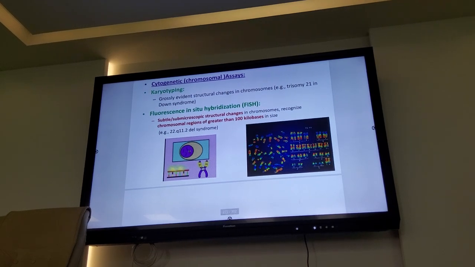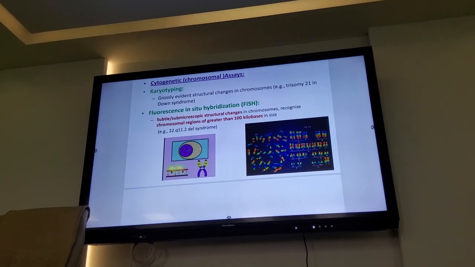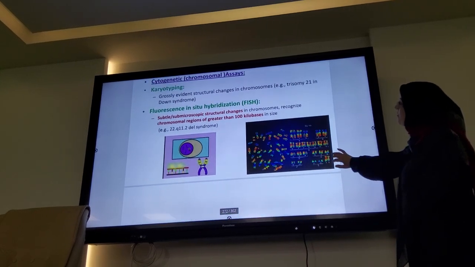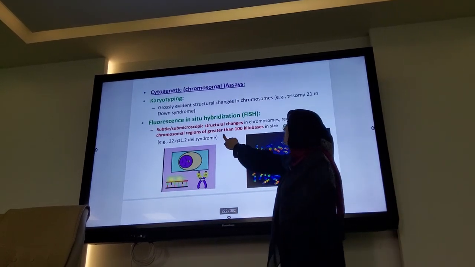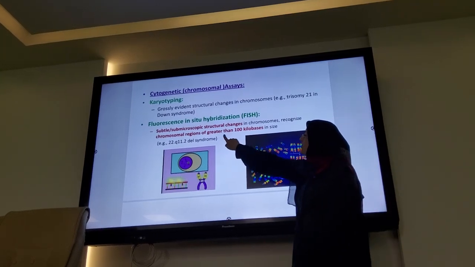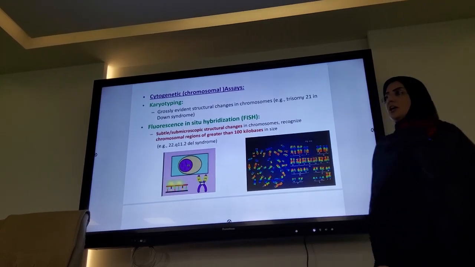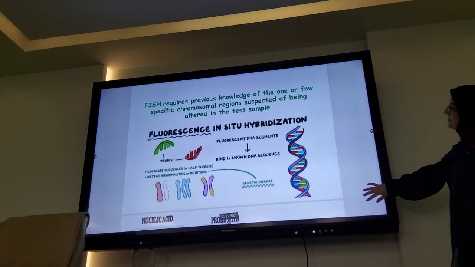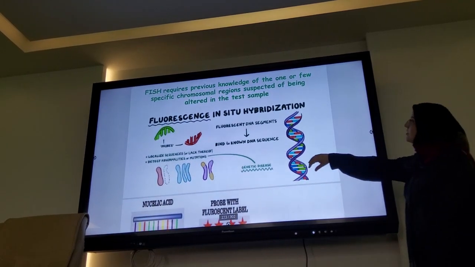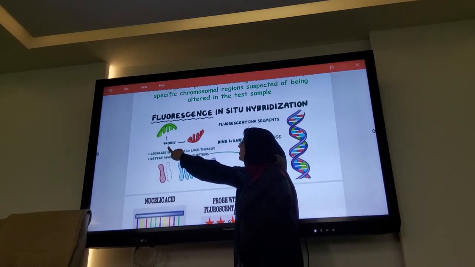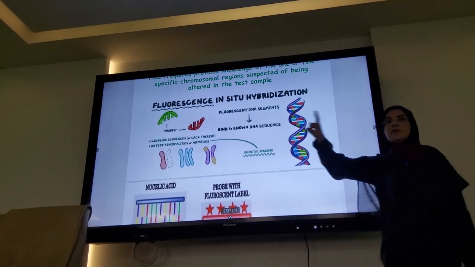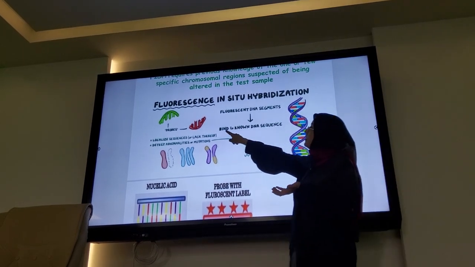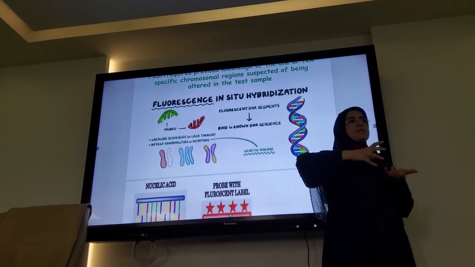Fluorescence in situ hybridization. In this type, we can find abnormalities more than 100 kilobase in size. In fluorescence in situ hybridization, we have a known probe. You can buy them; they make them in laboratory.